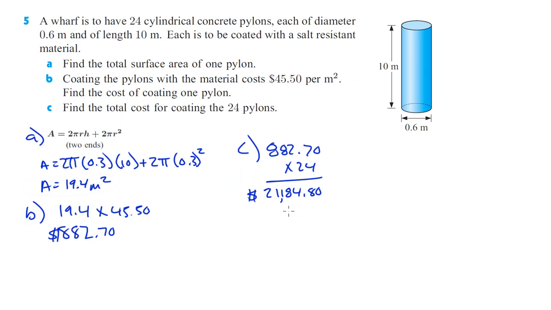Okay, so that's just for coating the pylons. All right, the back of the book has 21,201 just because they had rounded this 882.70 to 883. So we are okay with our answer as well.